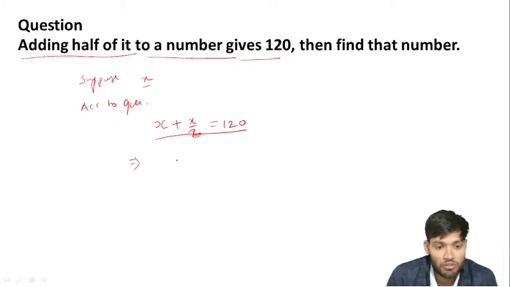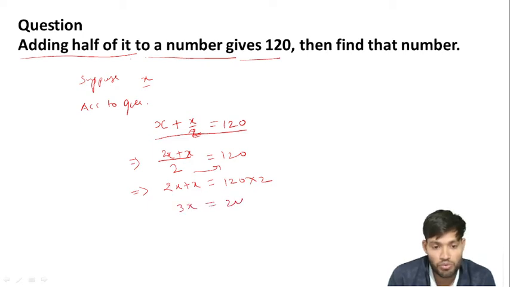Again we take the LCM. It gives 2x plus x over 2 is equal to 120. So 2x plus x is equal to 120 into 2, which gives 3x is equal to 240.